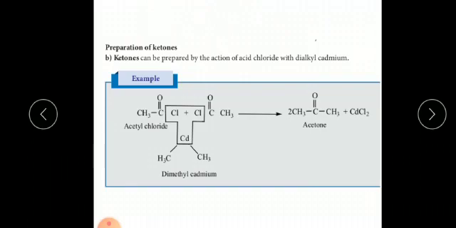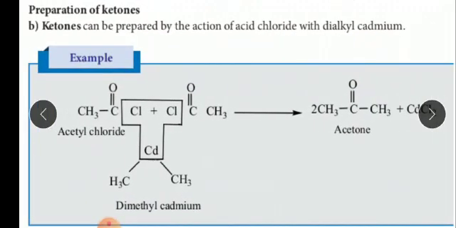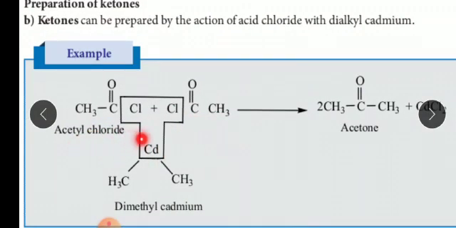Next we are going to see the preparation of ketone compounds. The first three methods were preparation of benzaldehyde. This method is preparation of ketone. The ketone formula is CH3COCH3. Now we use an acetyl chloride compound. We have taken two molecules of acetyl chloride, CH3C double bond OCl, CH3C double bond OCl. Along with that we are taking dimethyl cadmium, Cd with two methyl groups.